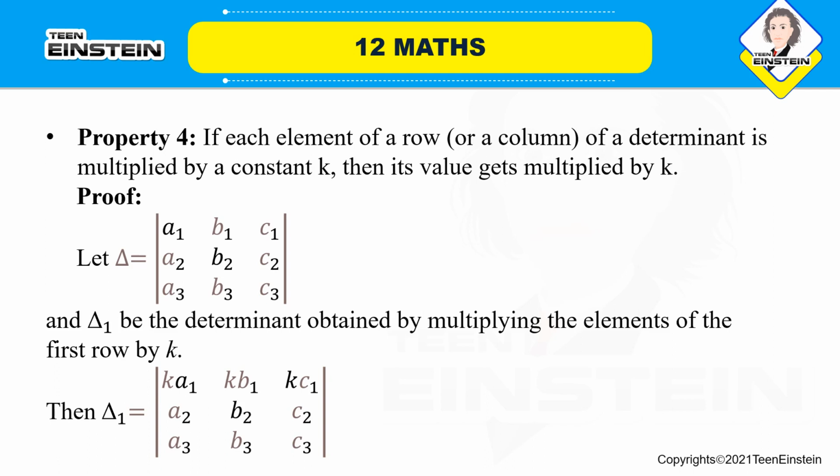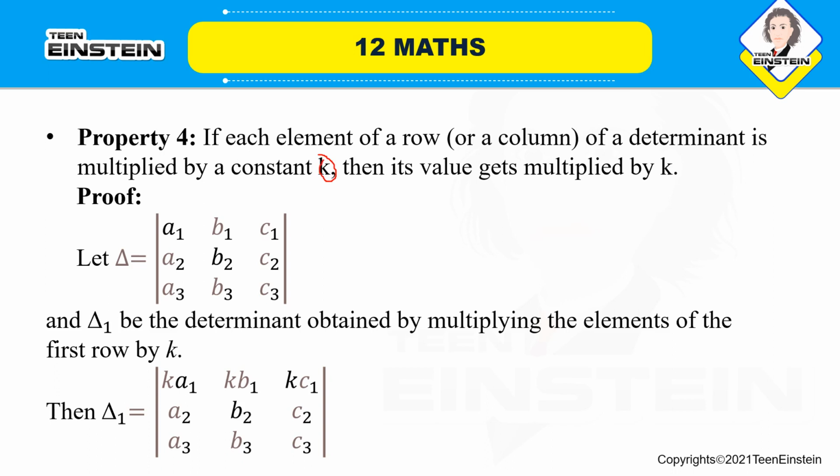Okay? If each element of a row or a column of a determinant is multiplied by a constant k, that means we are multiplying the elements of any row or any column by a non-zero constant k. Here k is a non-zero value.